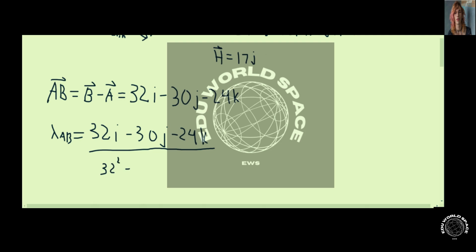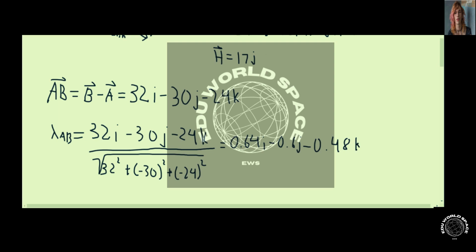So 32 squared plus negative 30 squared plus negative 24 squared under the square root. And this will give us a unit vector of 0.64i minus 0.6j minus 0.48k.